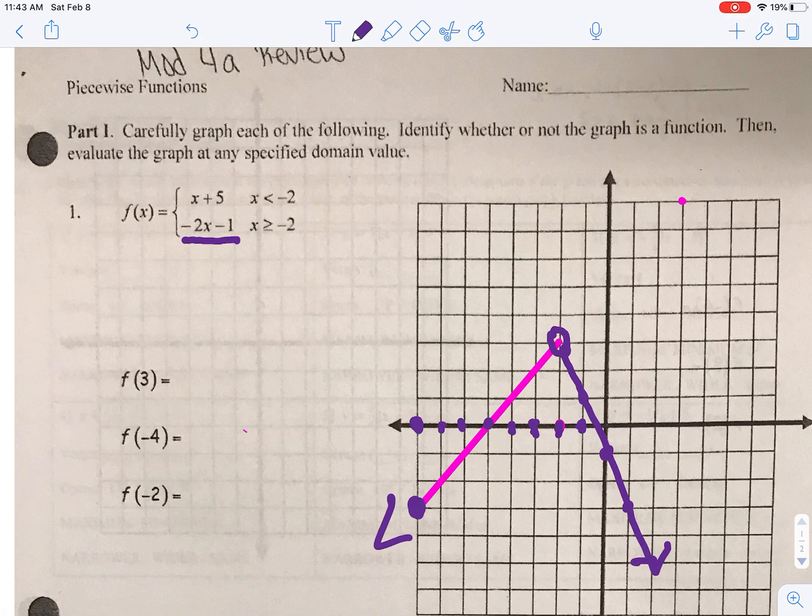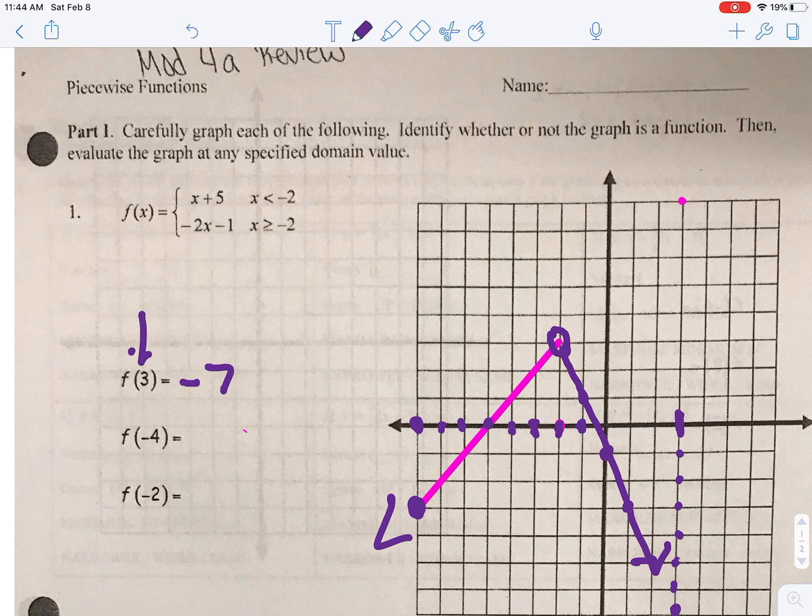Now we have to find f of 3. So f of 3 would be right here. There's 3. Where's the line when we're at 3? We can't quite tell, but it looks like it would be way down at the bottom, about -7. But since I can't quite tell, I'm going to put 3 into the equation.